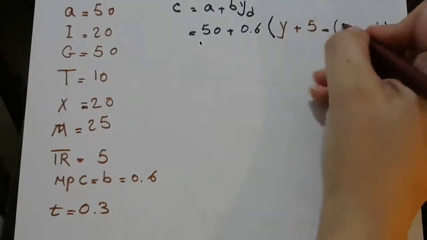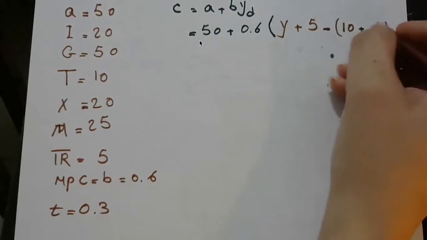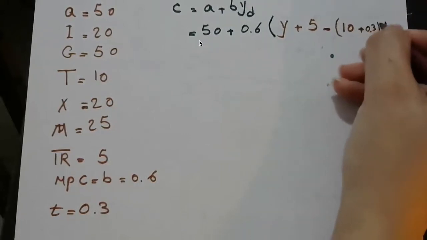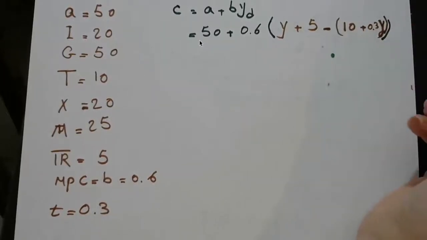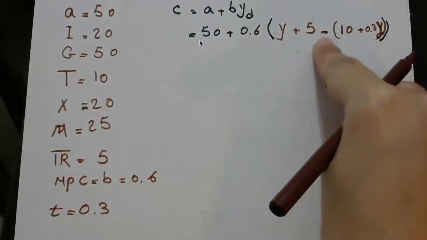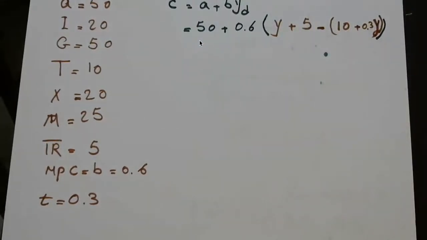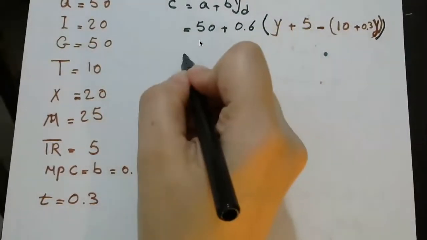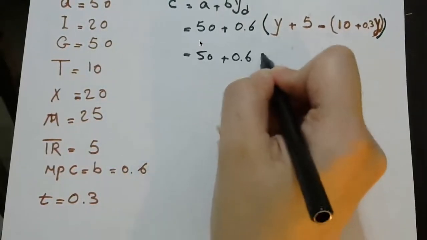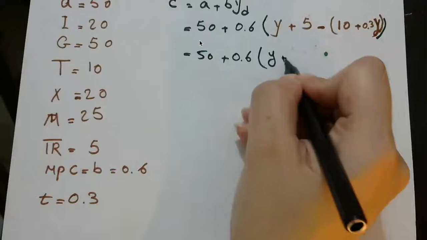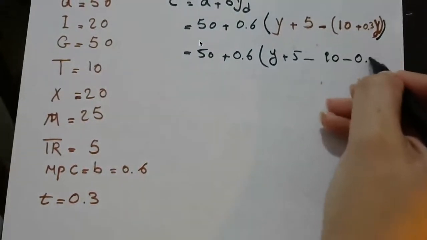This is my tax, 10 plus 0.3 Y, in another bracket. Why do I have two brackets? Because of this minus here. If I open up this whole bracket, I can write it like this: 50 plus 0.6 times Y plus 5 minus 10 minus 0.3 Y.